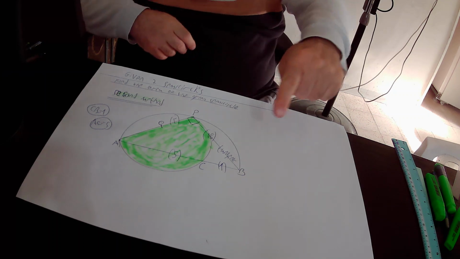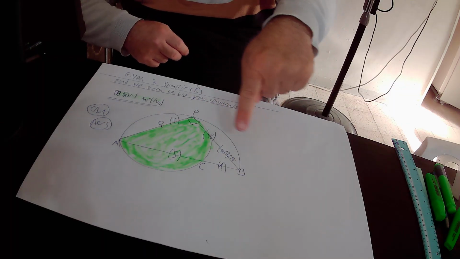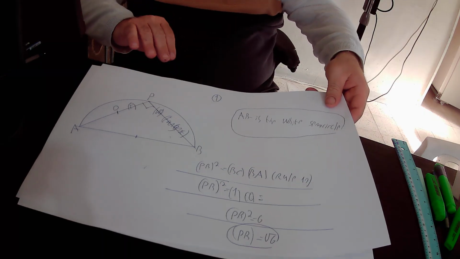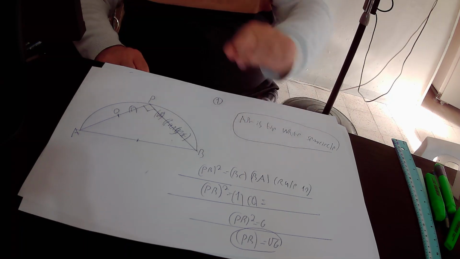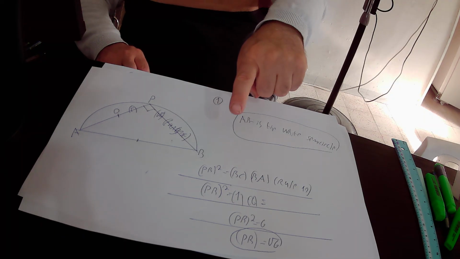According to rule 10, BP squared equals BC times BA. Again, according to rule 10, BP squared, PB squared doesn't matter, equals BC times BA. PB is the missing tangent, so we write it as it is.